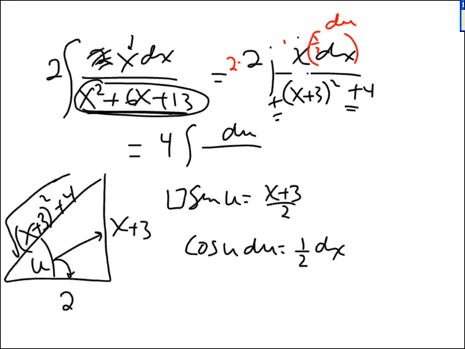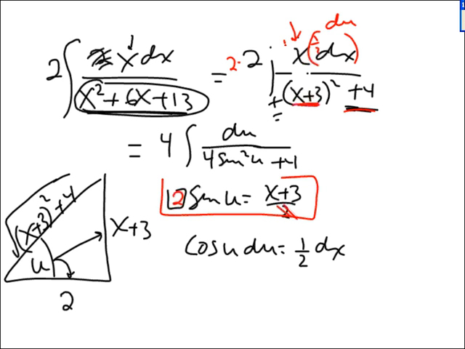On the bottom, if I think of the 2 being up here, this is 2 sine u squared, which is 4 sine squared u. Don't forget plus 4. Everything in red I dealt with. I haven't dealt with that x yet. Let us solve this for x. Let's just take away 3.